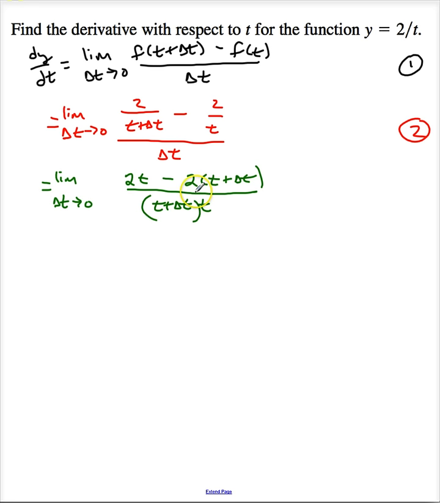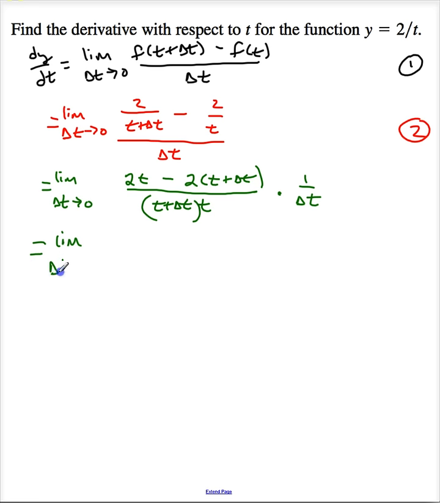So that's just the numerator. And this is all times 1 over delta t. I'm leaving that separate because we can get very confused if we aren't really careful with our fractions.